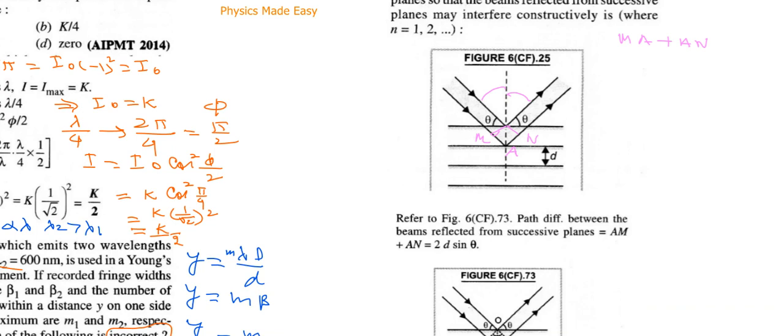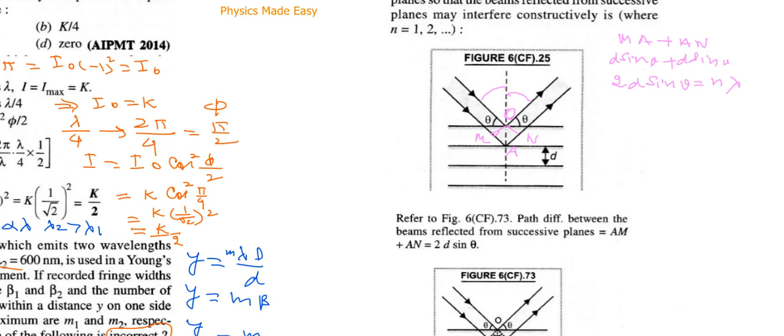Now this is a right angle triangle. This point is O. In triangle OAM, MA is d sine theta. AN is again d sine theta. So this is 2d sine theta. If this is equal to n lambda, this gives us the condition for maxima.